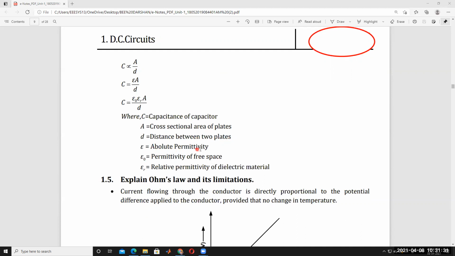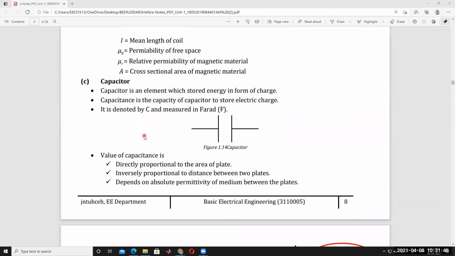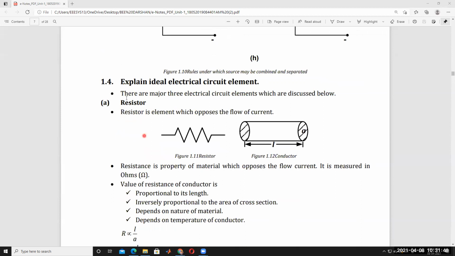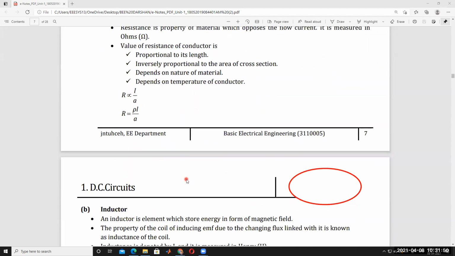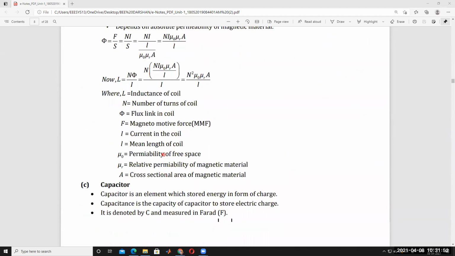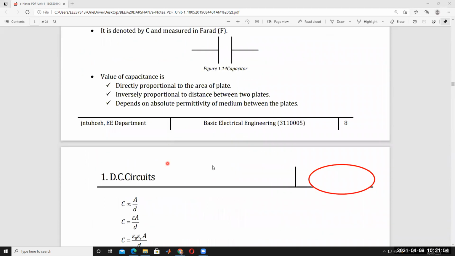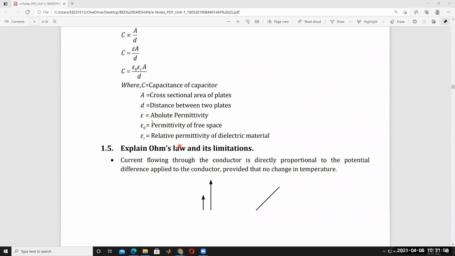Epsilon is called absolute permittivity, epsilon naught is the permittivity of free space, and epsilon r is the relative permittivity of the dielectric material. This is the concept related to resistors, inductors, and capacitors.